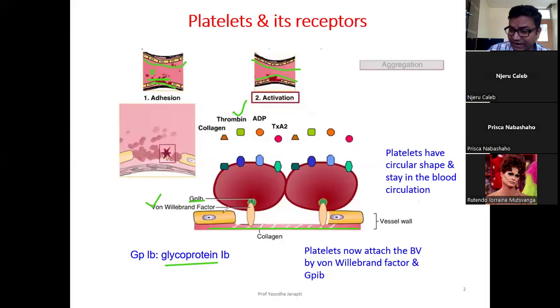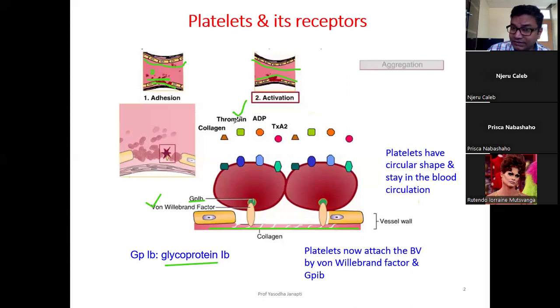So Von Willebrand factor, which is present in our circulation, will stick to the collagen, and in turn it binds to the platelet. When GP1b is activated, it binds to the GP1b receptor, and when Von Willebrand factor binds, it allows other factors, for example thrombin.